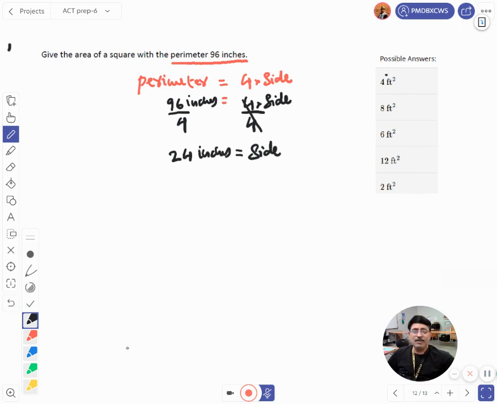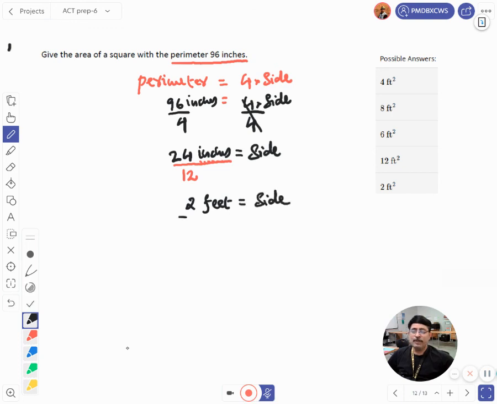Now, as I mentioned before, all the options are given in square feet. So, let me convert inches to feet. You know that there are 12 inches in 1 foot. Therefore, 24 divided by 12 gives me 2. What is the answer I got? That is, side is 2 feet.